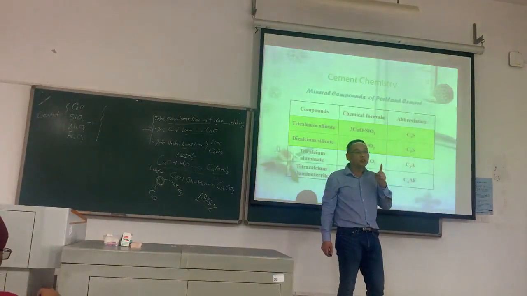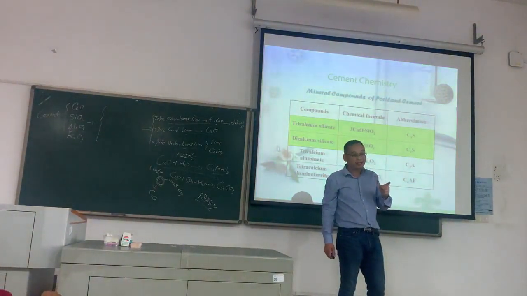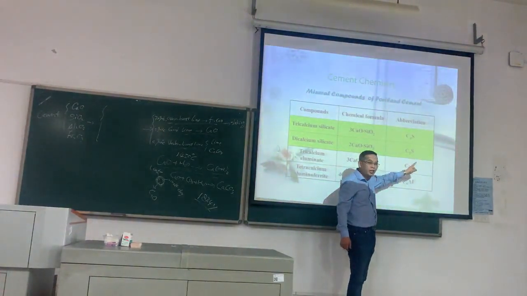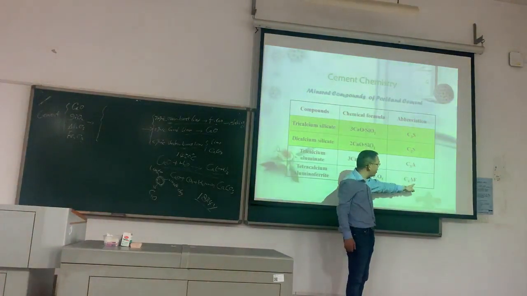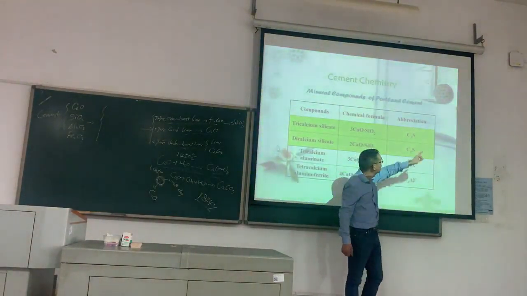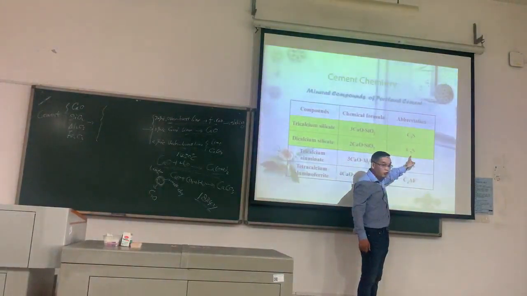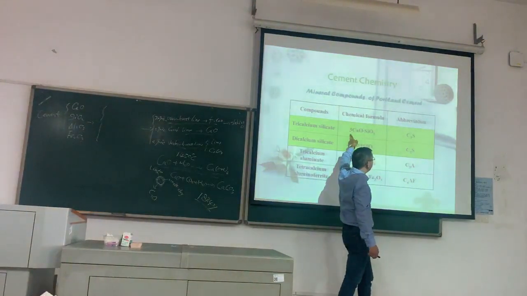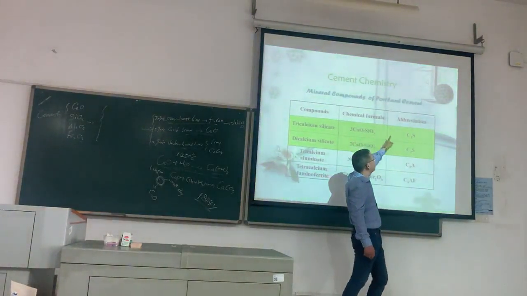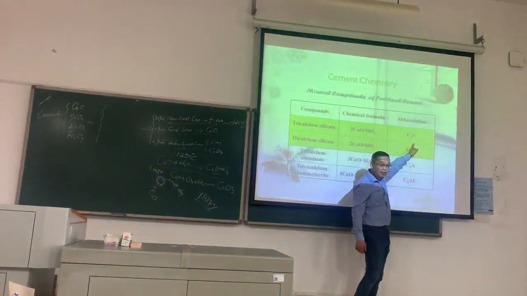S refers to silica. The A refers to aluminate. The F refers to ferrite. And the number is this number. 3 calcium oxide is C3.